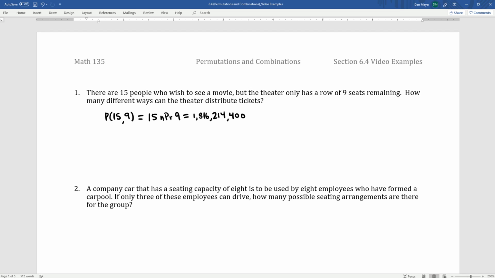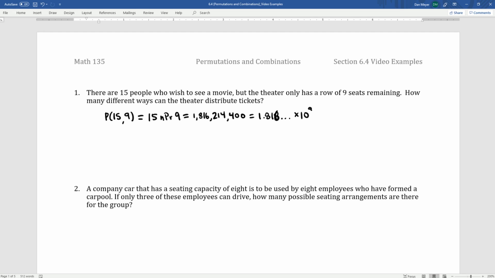It's possible that your calculator doesn't show that many digits, and so you might see an answer in scientific notation, something that looks like 1.816 and so on times 10 to the 9th.